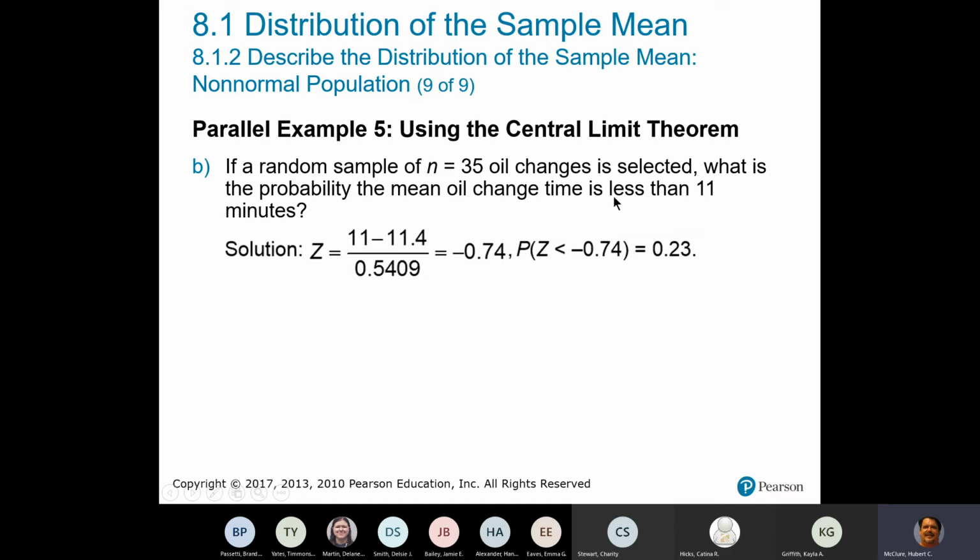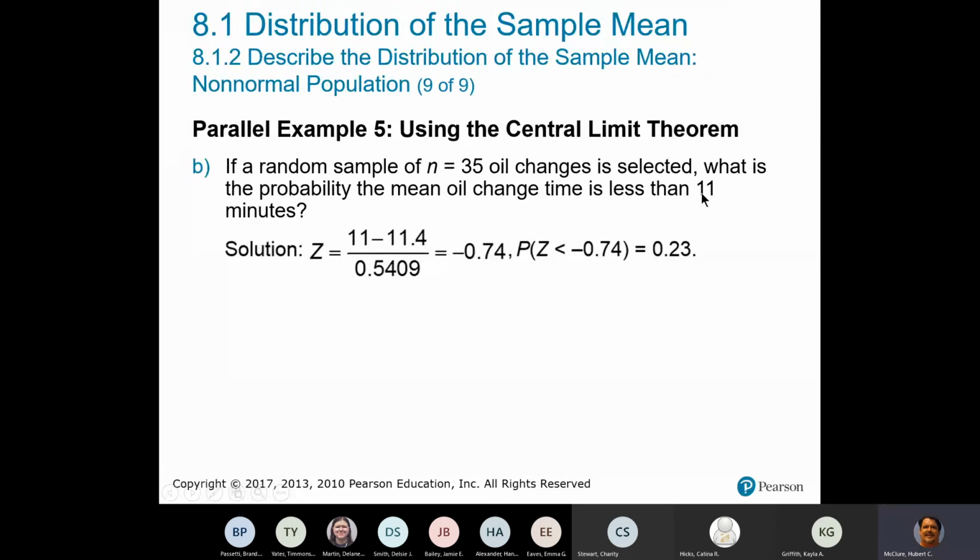Now, you find that z-score. Now, if you've got the newer calculator, you would just type in all the numbers in the problem, and you would want to get from negative 9999 to 11.